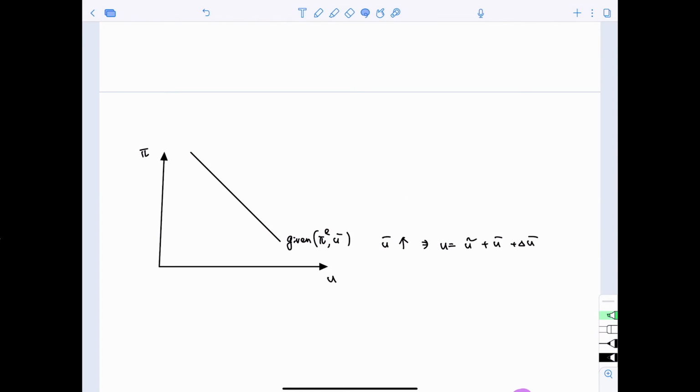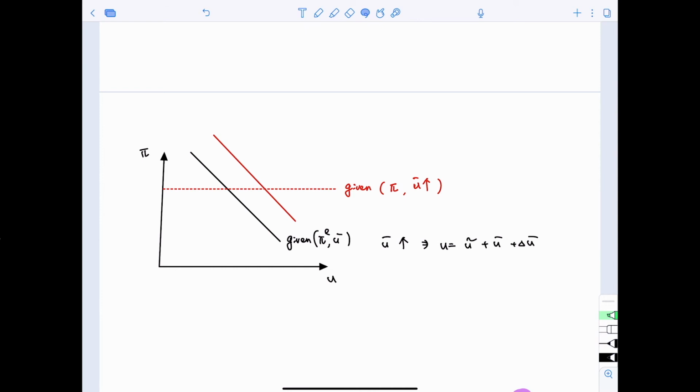Therefore, if we are given a level of the inflation rate, then for every point on top of the black line, it will have a higher unemployment rate. Therefore, it shifts the Phillips curve to the right.